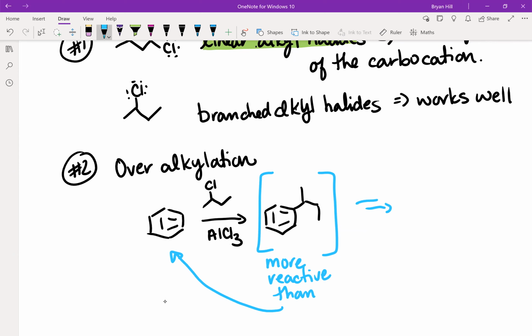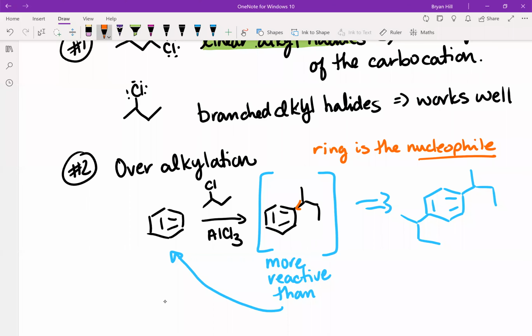So this could go on to react preferentially again, for example. And that's because alkyl groups donate electron density. So they push electron density into the ring, and the ring is the nucleophile. So remember, nucleophiles want electron density. So the more electron density you have, the more reactive you're going to be.